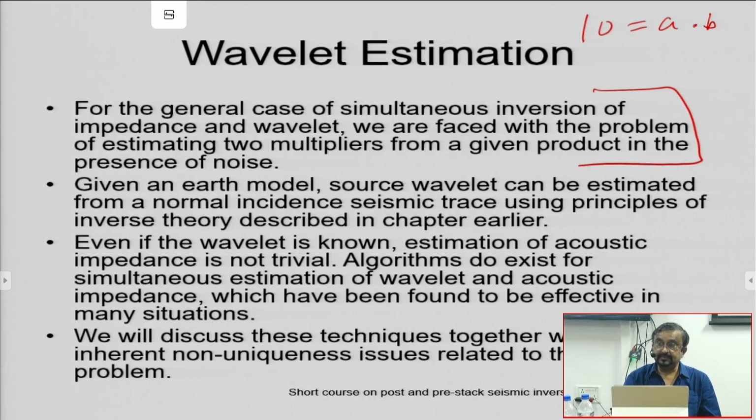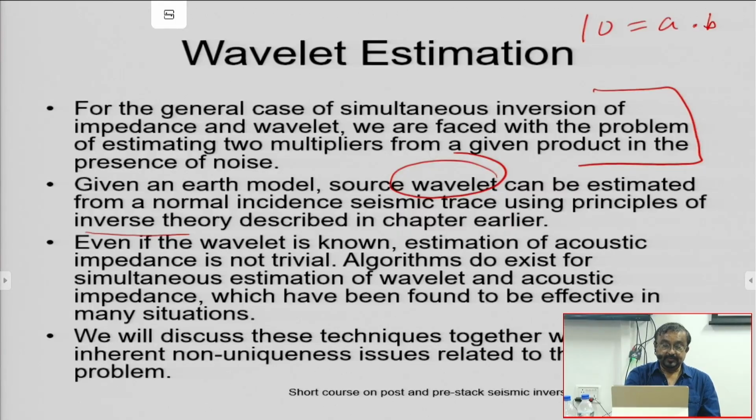It could be 5 and 2, it could be 2 and 5, it could be 10 and 1, 1 and 10, and all that combination. So that's a difficult problem. So normally we determine the wavelet from the post-stack trace or the normal incidence seismic trace using the principles of inverse theory, which we just talked about.